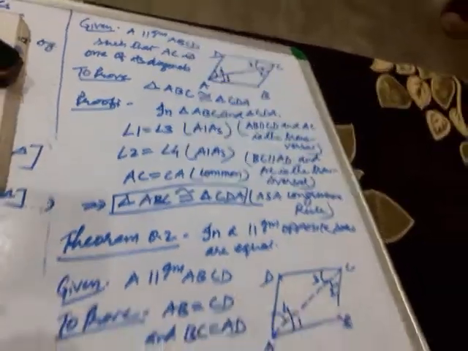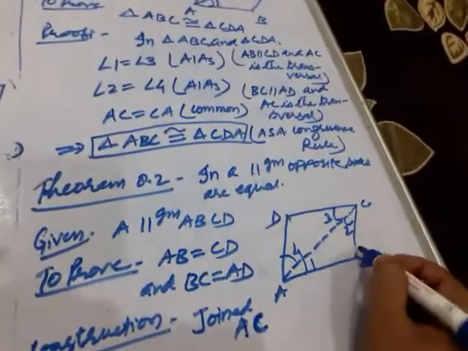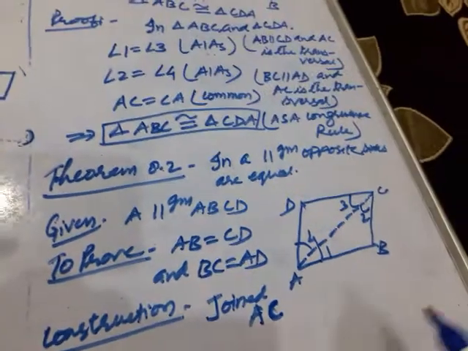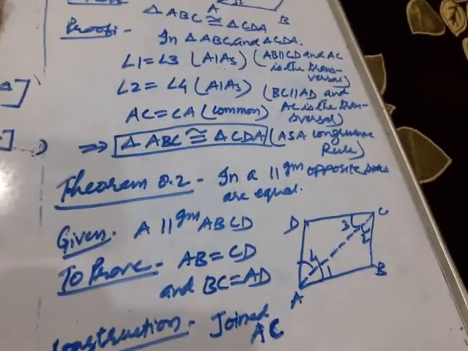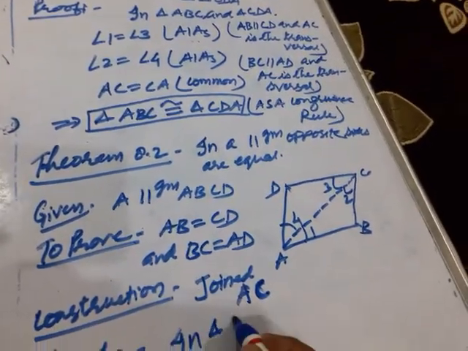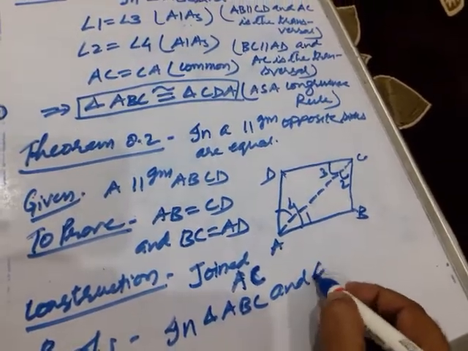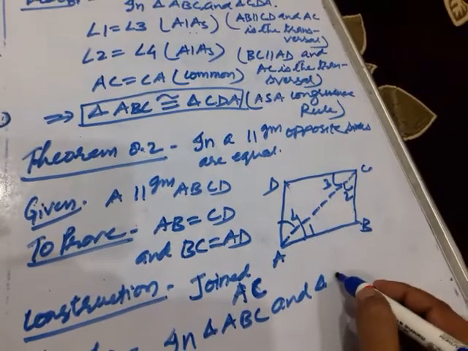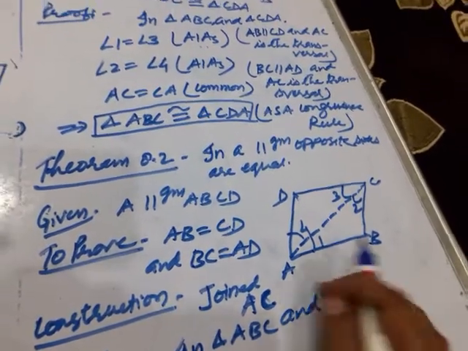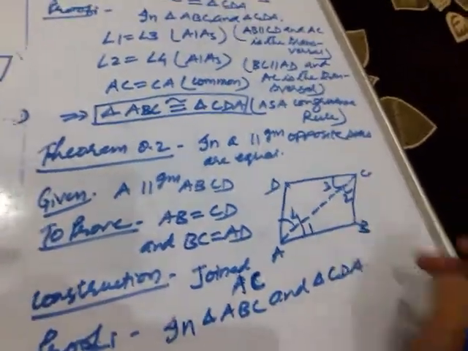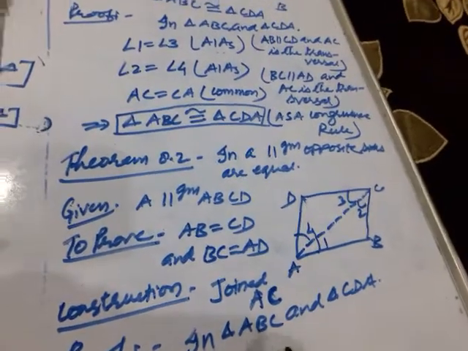Okay, now what is there, children? See the proof. Here you see angle 1 in triangle ABC and triangle CDA. In triangle ABC and triangle CDA, what do we have, children?